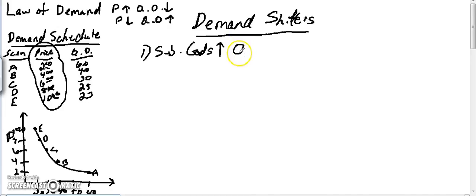Gomer Pyle is going to demand more of the substitute for CDs, which is buying songs off the internet. So if the price keeps going up on those, then Gomer Pyle is going to be willing to buy more of these. So this demand curve is going to shift to the right or up.